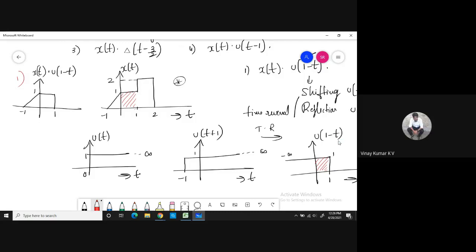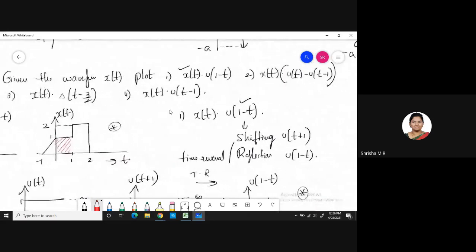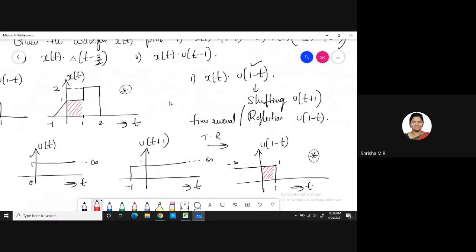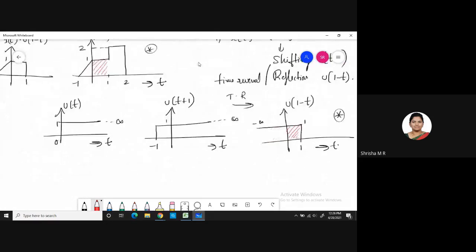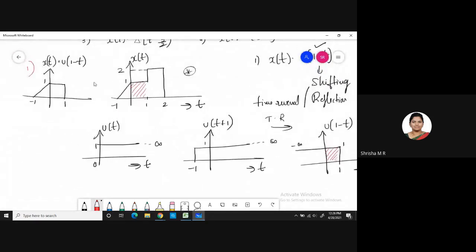So now we will try to plot the second waveform that they have given. The second one is x of t into u of t minus u of t minus 1. First we have to plot this u of t minus u of t minus 1. Understood, everyone? The first one was x of t into u of 1 minus t.